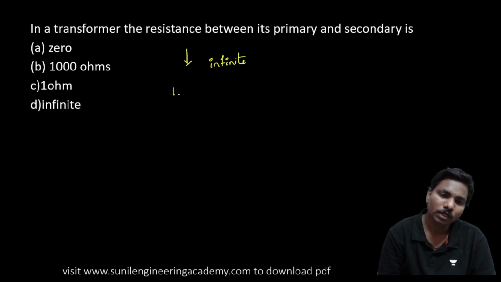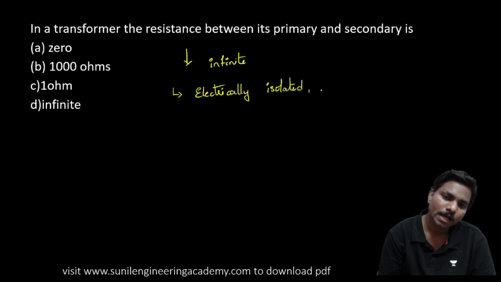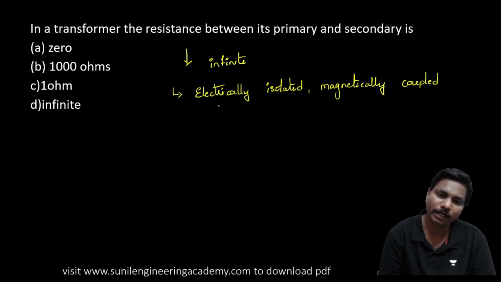We know the transformer is electrically isolated, magnetically coupled. Electrically isolated means no direct connection, no direct contact between the two windings.